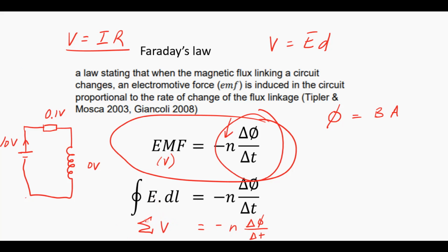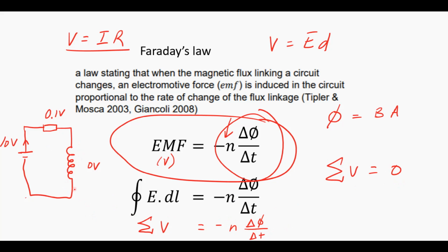Now you might be thinking, hang on, the sum of the voltages in a closed loop is 0 according to Kirchhoff's voltage law, but that's just in a simple case where there's no coils. And that's usually what you start with when you're doing basic circuit analysis, is just resistive loads, no coils. So therefore Kirchhoff's law that the sum of the voltages in a closed loop is 0 is fine, but the law doesn't hold once you have coils in. Faraday's law holds for every scenario.